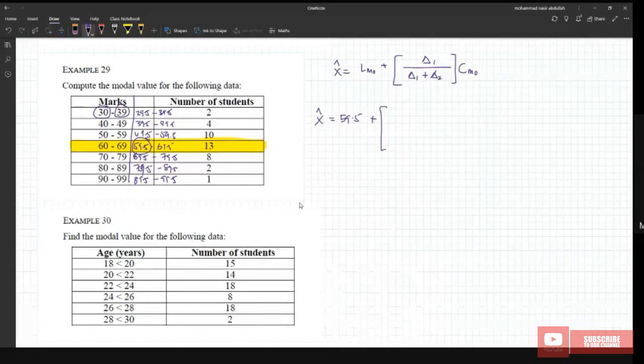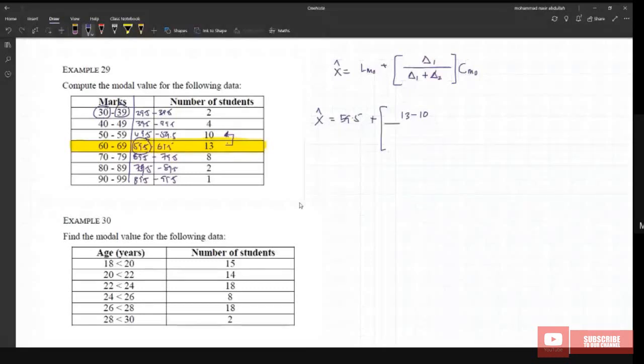So theta 1 is the difference between the frequency value of the modal class and the frequency before the modal class. So that means 13 minus 10.